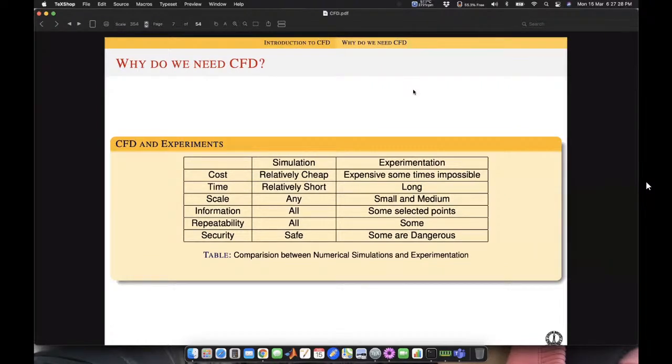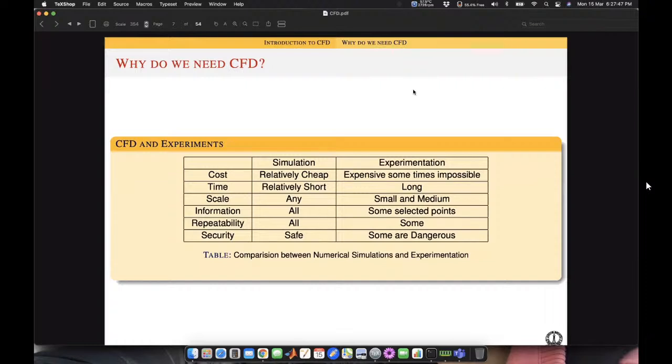So with this small number of parameters, we can understand how numerical simulation would reduce a large amount of time and money, as well as give the safety features that we get from a given experimentation.